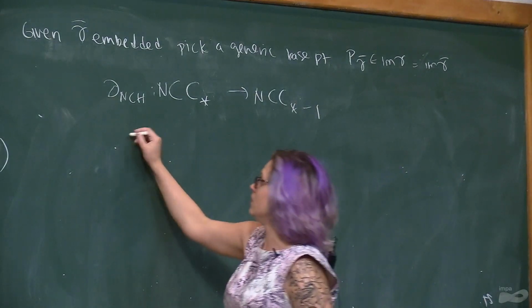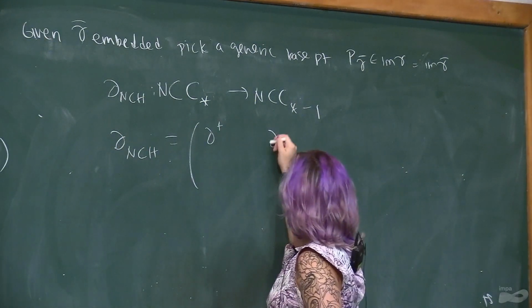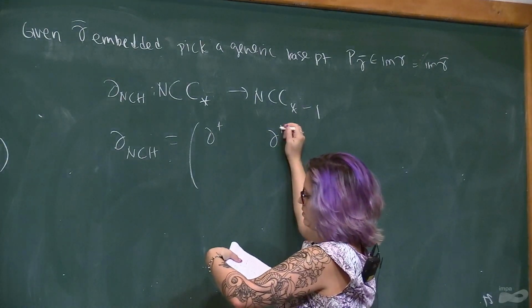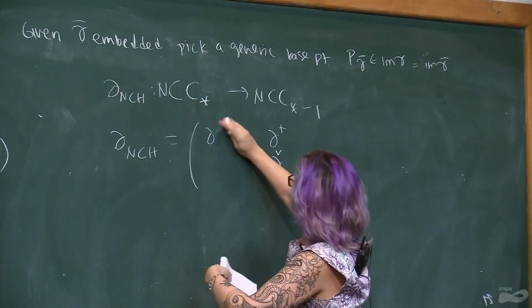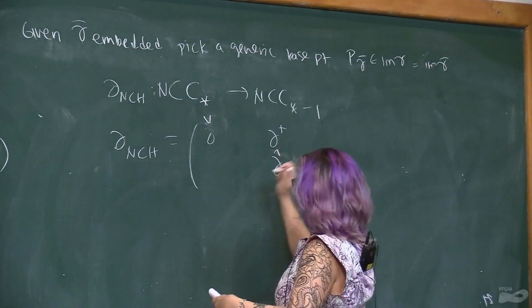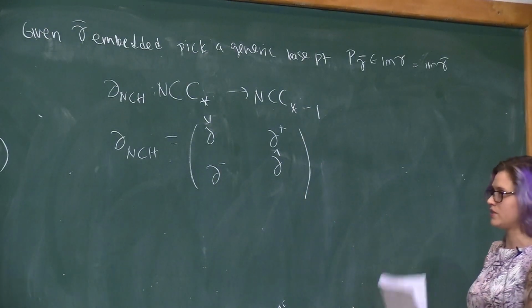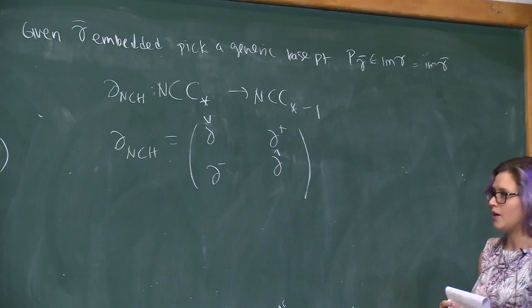And then you have a matrix. This is D plus, D check, minus.